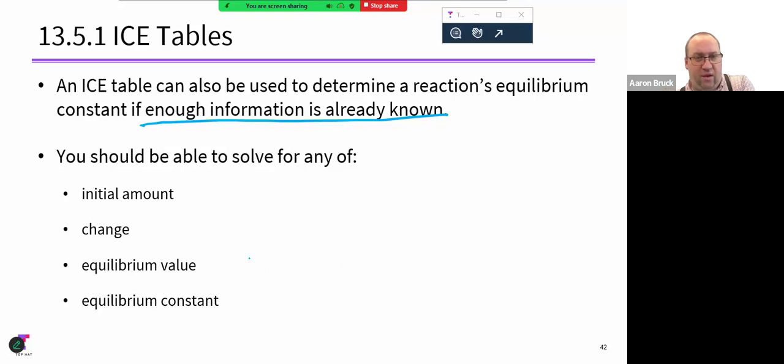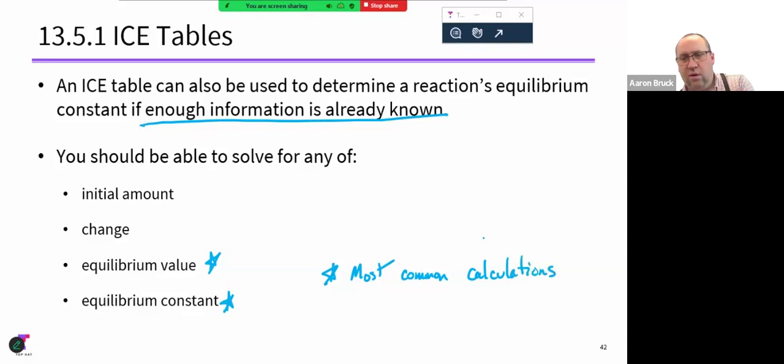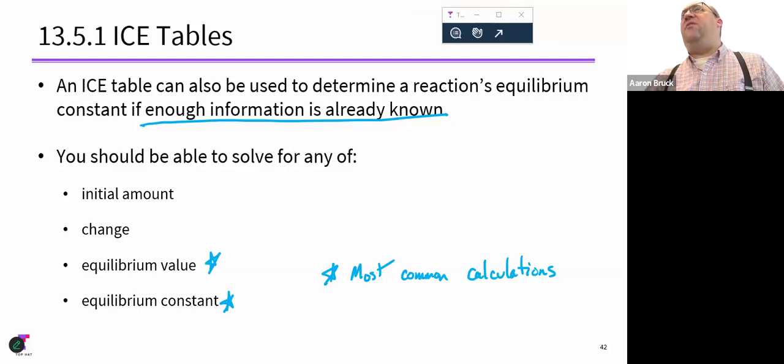Now, most often, those calculations are going to be of the last two, where we're either going to calculate the equilibrium value for one or more of the products or reactants, or we're going to put everything together and figure out the value of the equilibrium constant.